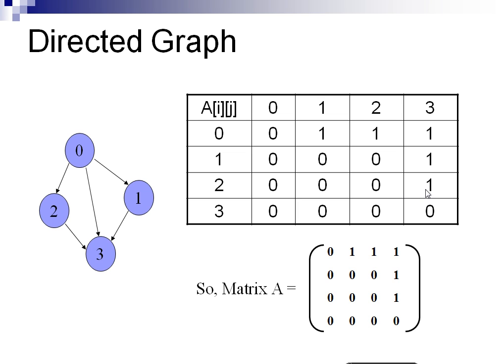So it will be represented as 1. Rest of the things will be written as 0. Similar with the last node, node 3, since it doesn't have any edge outgoing towards another node, all of the node connections will be represented as 0. So finally we got this adjacency matrix for this directed graph.